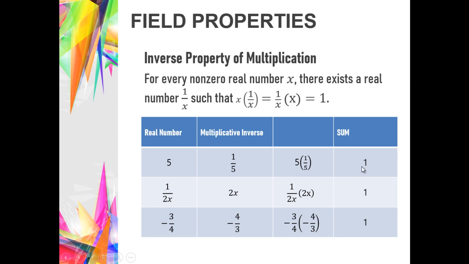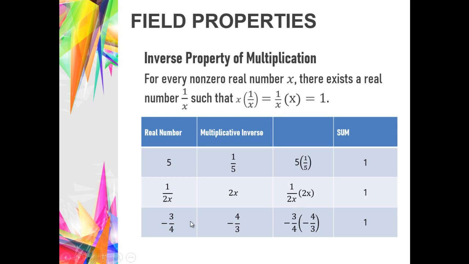This is equal to 1. And this is 1 over 2x. Its multiplicative inverse is 2x. That is supposed to be 2x over 1, but it is understood that if the denominator is 1, it is a whole number, so 2x. Leave it be. So 1 over 2x times 2x equals 1.